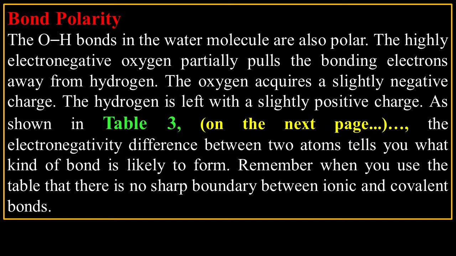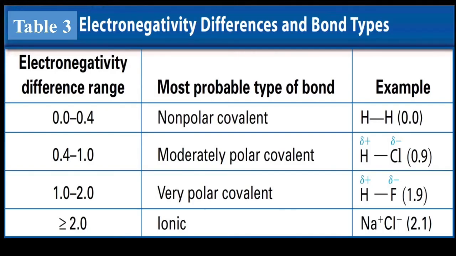And the less the difference, as in hydrogen-hydrogen, where it's the same, it would be completely and absolutely covalent. So here's the electronegativity difference and whether something is ionic, covalent, or very polar covalent. That's the table that tells you whether something is going to be ionic or covalent. Very, very important distinction between the two.